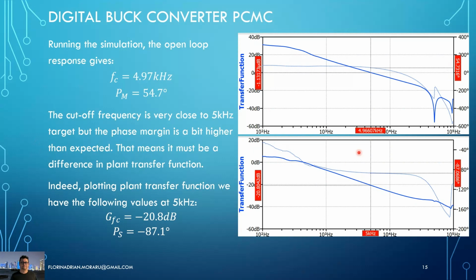So I considered that maybe there is a difference in the plant transfer function on the transient analysis compared to the averaged model one. For that reason, I looked again at the plant transfer function, and indeed, for the gain there is no difference, but for the phase there is a small difference.